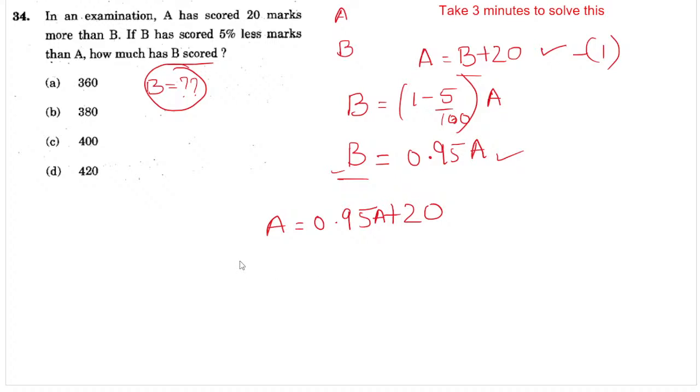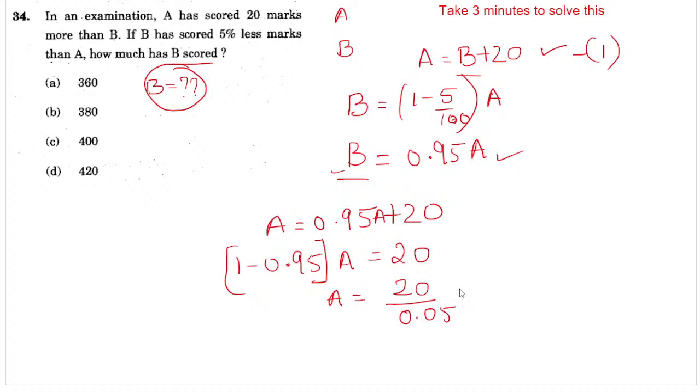And then this is 1 minus 0.95 into A is equal to 20. And A is equal to 20 divided by 0.05.